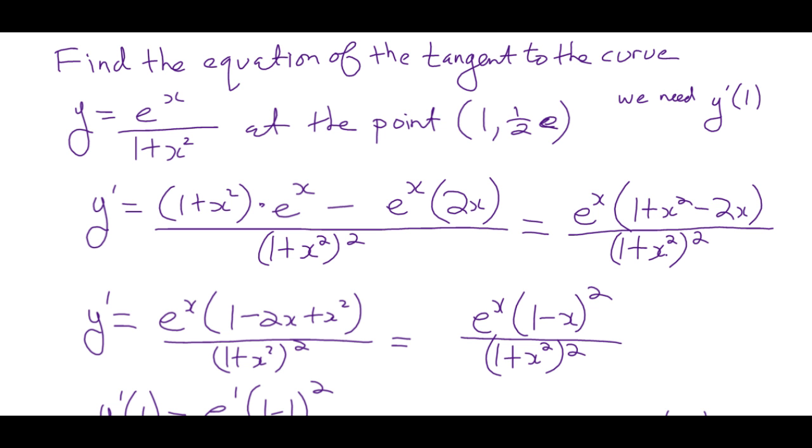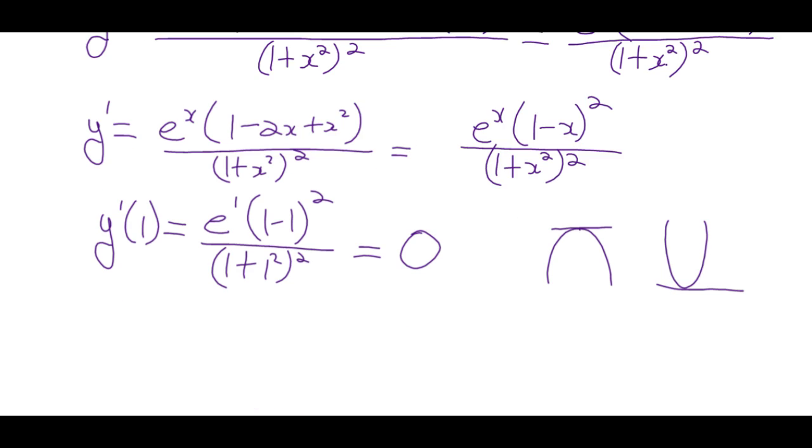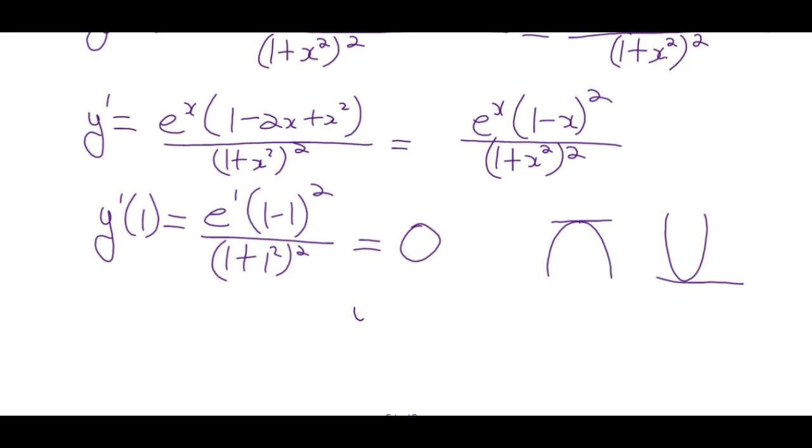Oh, yeah. Sorry. It's x minus 1. So there's our slope, which is 0, and there's our b value. So then what would we get? 2y is equal to e.